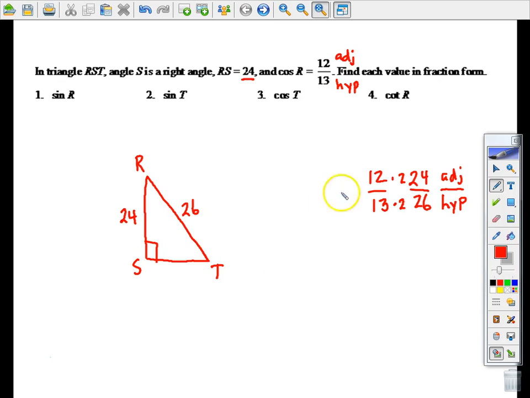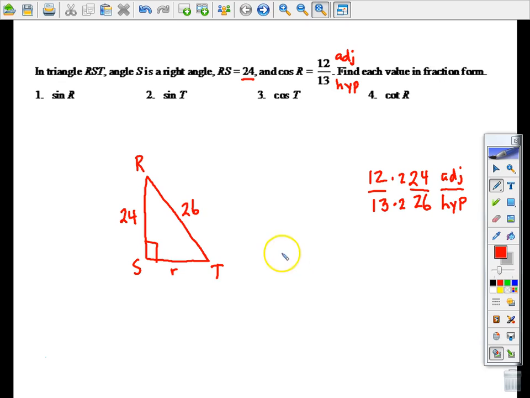Okay, so it's going to be our job, before we can find some of these trig ratios, to find this third side. You can either think of it as the side ST, or since it's opposite angle R, you might think of it as lowercase r. So let's use the Pythagorean theorem to help us find this missing side.